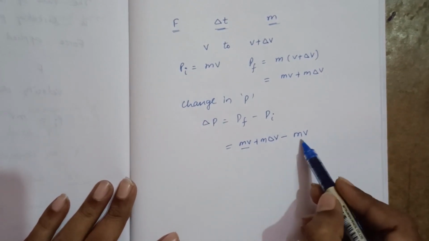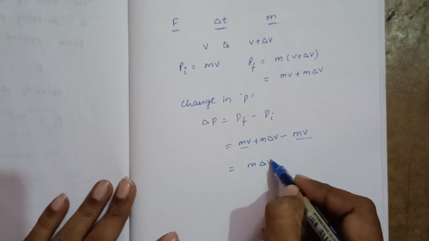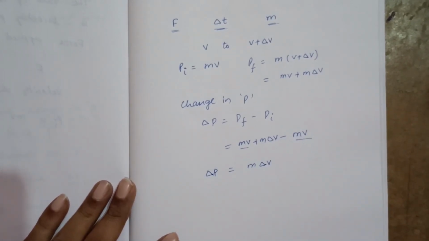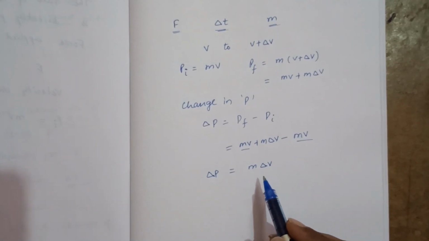The mv minus mv gets cancelled, so m into delta v is the change in momentum. Change in momentum equals mass into change in velocity.